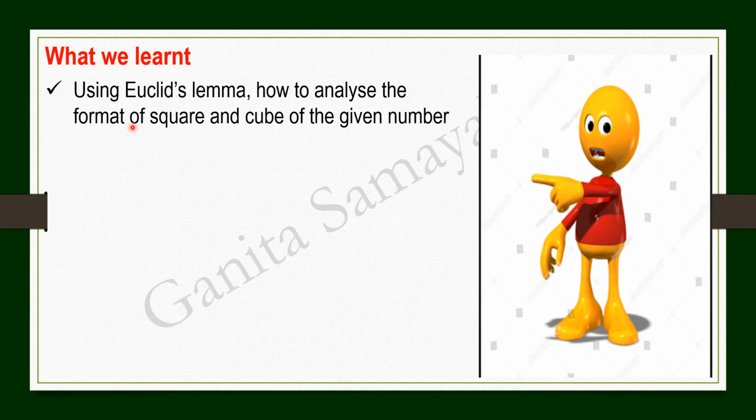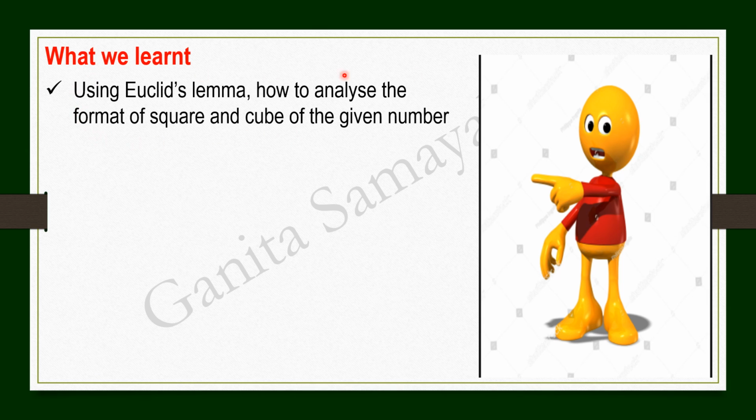We considered a = 3q + r, where r lies between 0 and 3, and we squared them and established that they are of the form either 3m or 3m + 1. And for cubes, we considered a = 9q + r, where r lies between 0 and 8, including 0 to 8. We cubed that and analyzed the format. We found that it will be of the form 9m, 9m + 1, or 9m + 8.